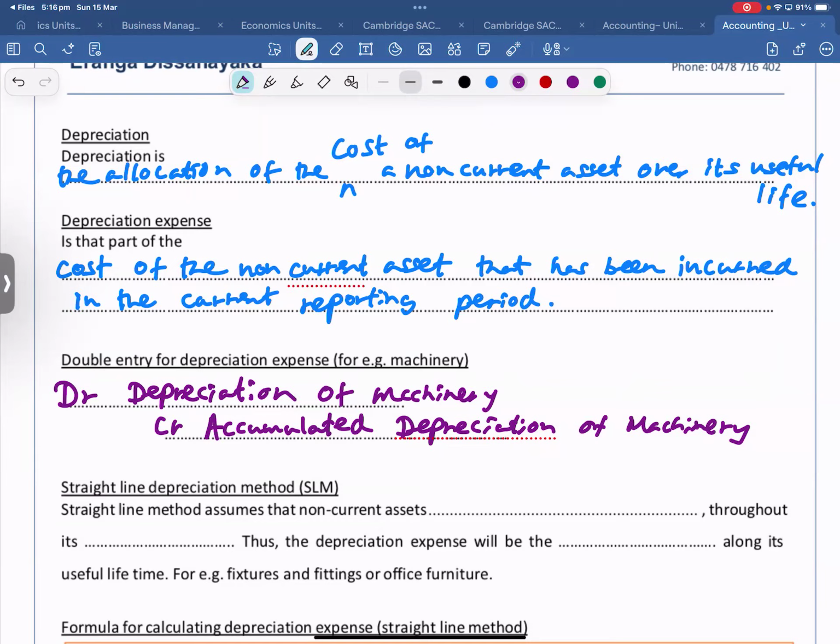It increases. But remember the allowance for doubtful debt? Did it also accumulate? No, we didn't accumulate it. We'll see the difference when we do the ledger accounts.